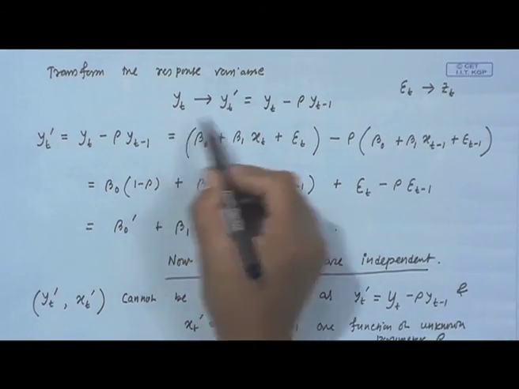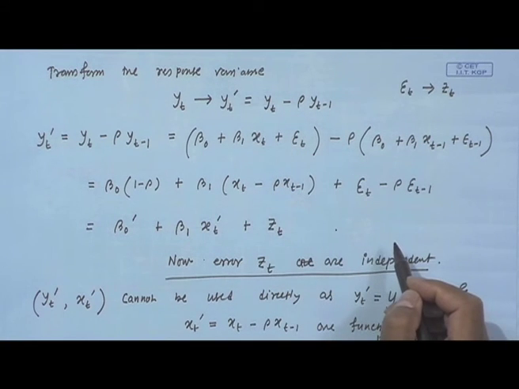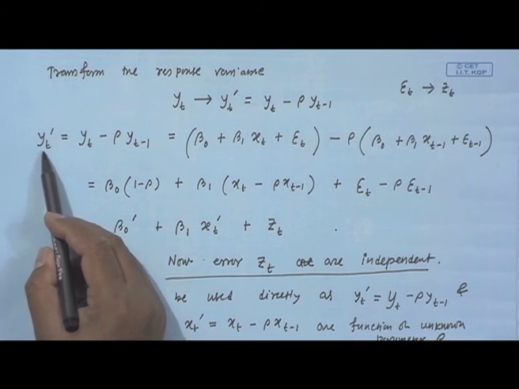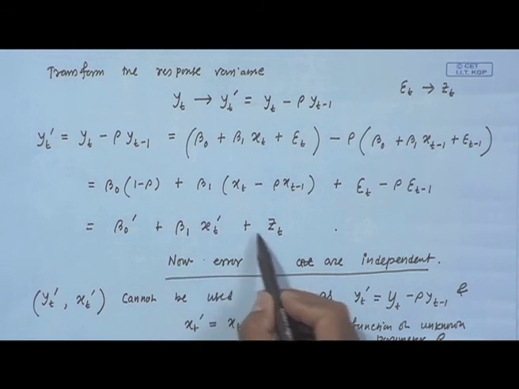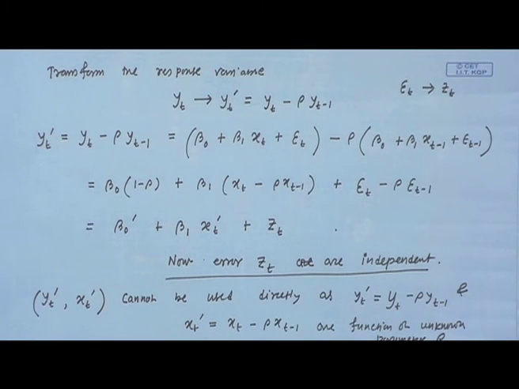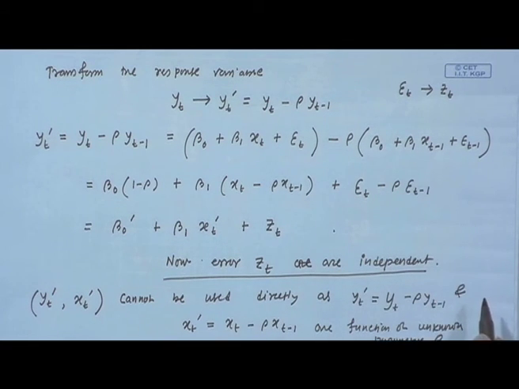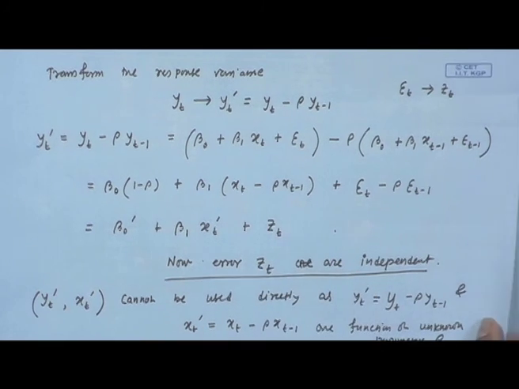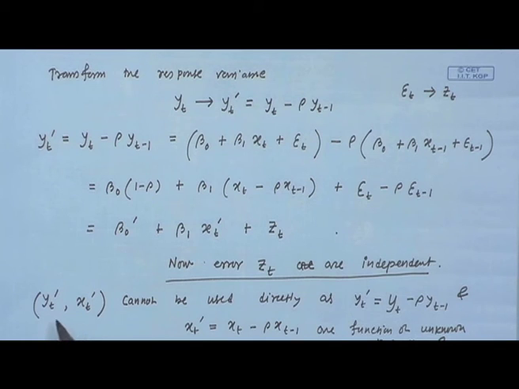And what we did there is that we transform y t to y t prime, which is equal to y t minus rho y t minus 1, and we can finally check that this y t prime is equal to beta naught prime plus beta 1 x t prime plus z t, and here z t is equal to epsilon t minus rho epsilon t minus 1, and we know that this z t, this transformed error, they are independent.